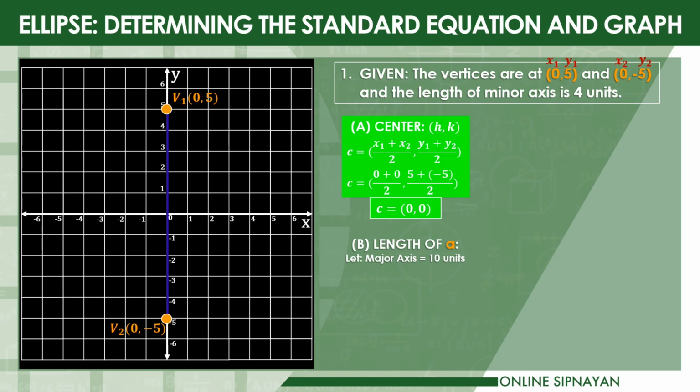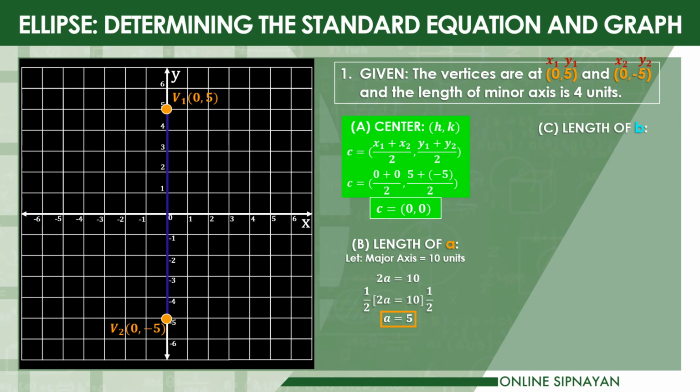And in order to know the length of a, we will use the formula 2a is equal to the major axis. So we'll have 2a is equal to 10. So using the multiplication property of equality, we'll have 1/2 multiplied by 2a is equal to 10 multiplied by 1/2. Simplify, we'll have the length of a, which is 5.